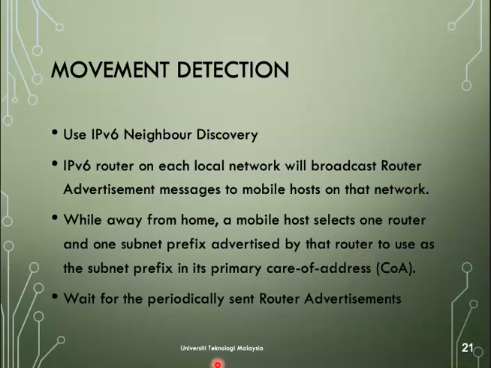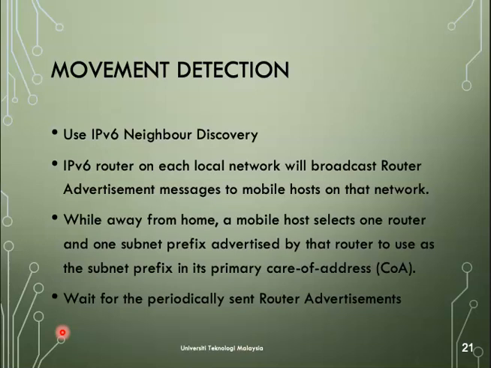A mobile host also uses other information to help determine whether it is still reachable from a router. For example, the fact that a mobile node just received a packet from a router can be used as an indication that the mobile host is still reachable from that router. So that is basically the process of mobile IPv6.